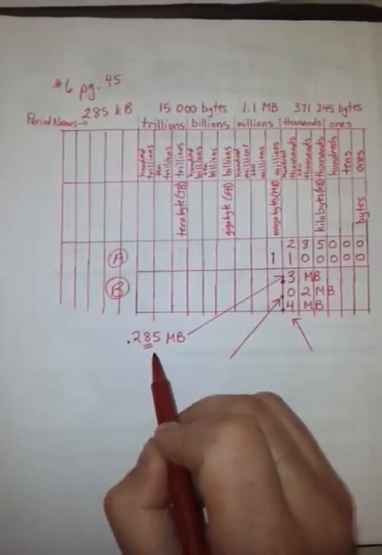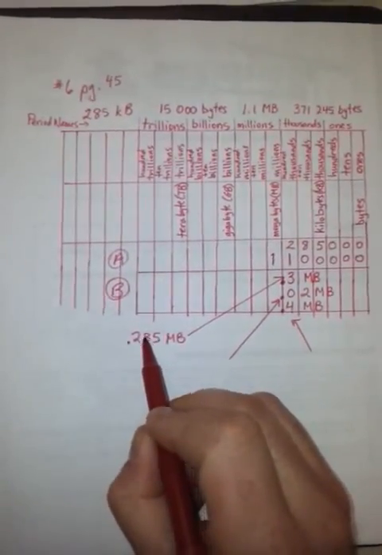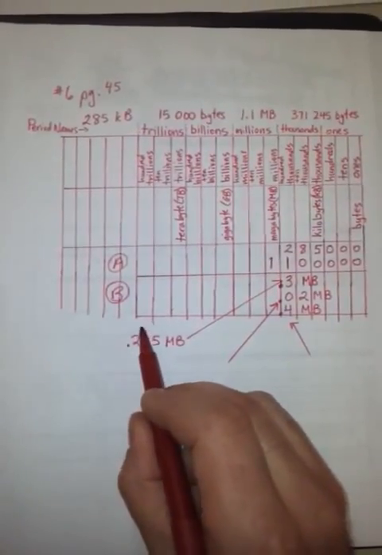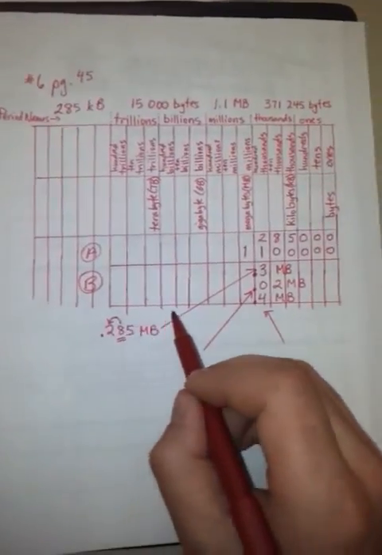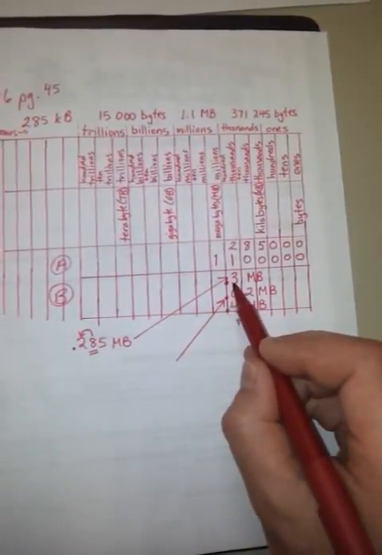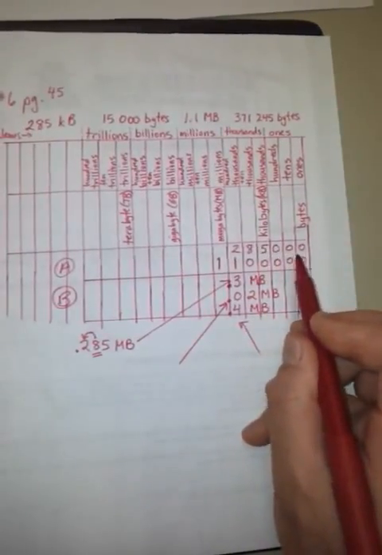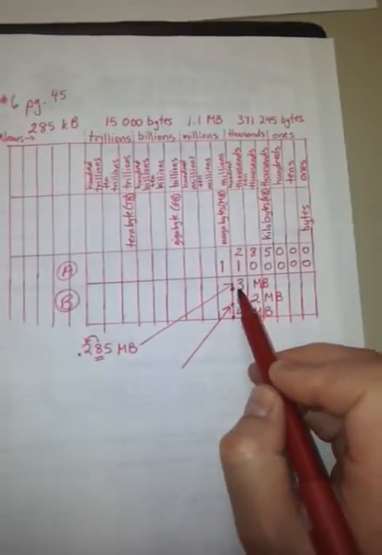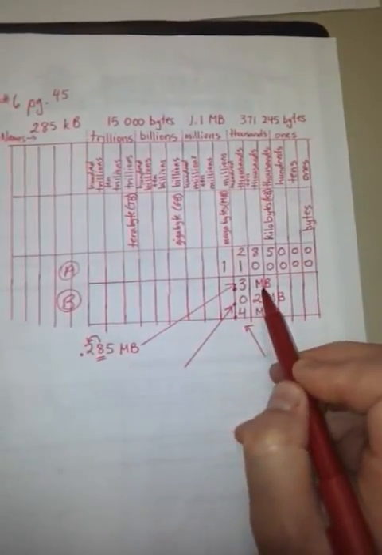Well, that's an 8. And since it's 5 or higher, what do we do to the digit in the tenths column? That's right, we go up by 1. So the 285,000 bytes rounded or estimated in terms of the number of megabytes is approximately 0.3 megabytes.